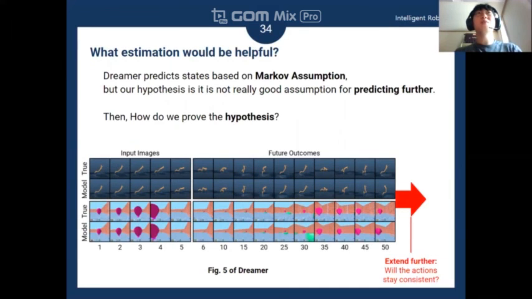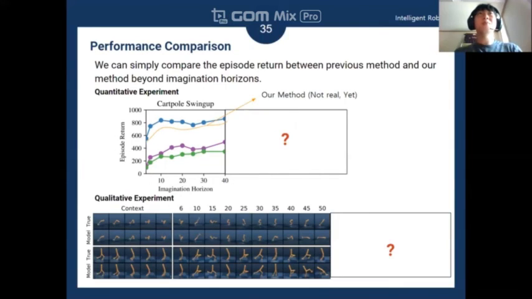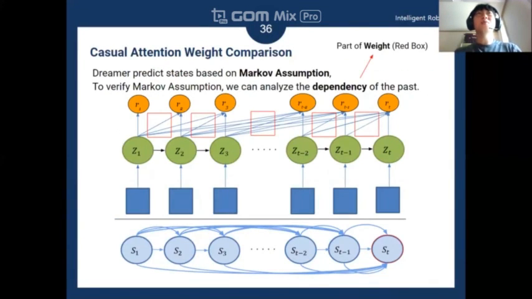Then how do we prove the hypothesis? We can simply compare the episode return between the previous model and our method in an imagination horizon longer than the paper experiment, 1 over 40. We can show the result in both quantitative and qualitative aspects. We also compare the weight between connections to the reward model. Different from the previous method, we can see dependencies also with the same weight from the past state.